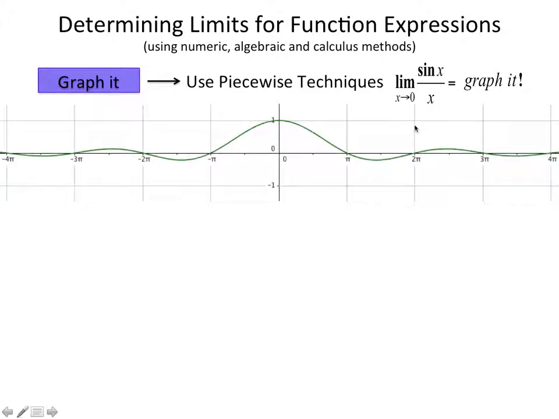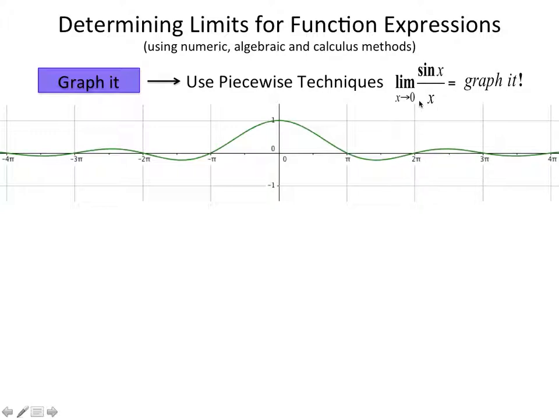If you have a graphing calculator, remember sine of x over x looks like this. As x gets bigger and bigger, this denominator causes this oscillation to kind of go away because the denominator is getting bigger and bigger. We know that sine of x has a biggest value of 1, so it's depleting that amplitude.